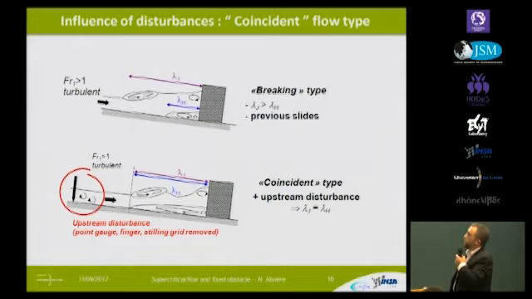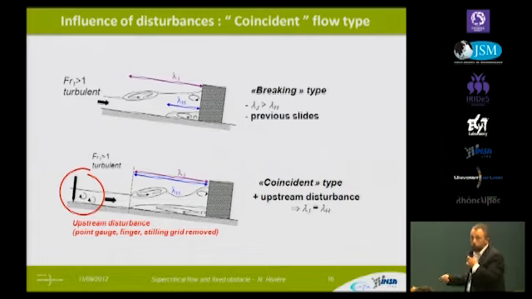We have also found another flow type that we called coincident. In the previous slides, I have presented what we have called breaking type. In fact, when we have a supercritical, turbulent flow, we have a hydraulic jump always located upstream from the horseshoe vortex. So, breaking first, breaking type.